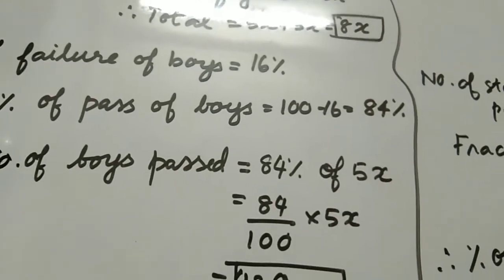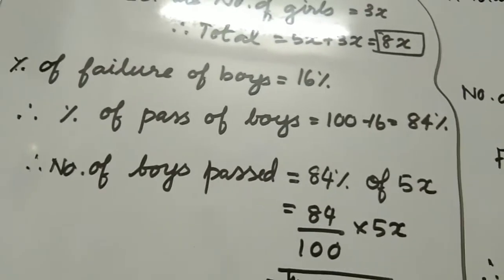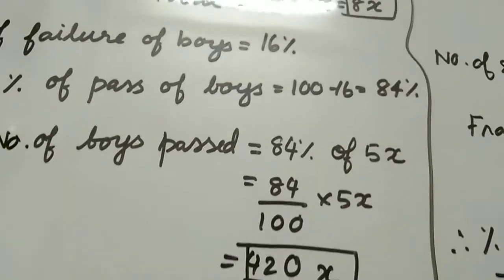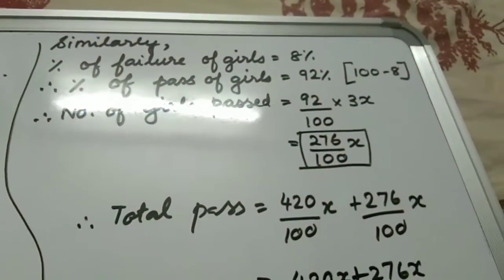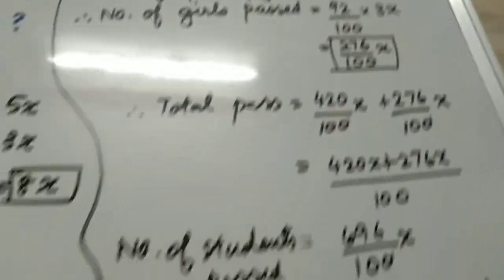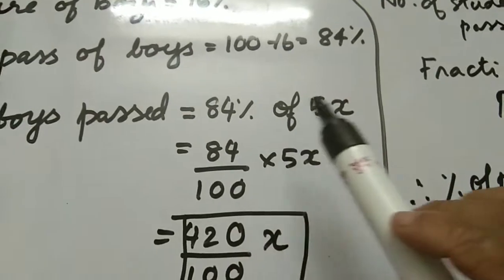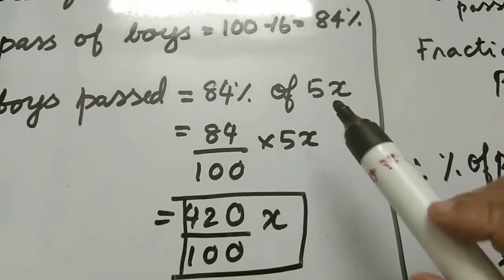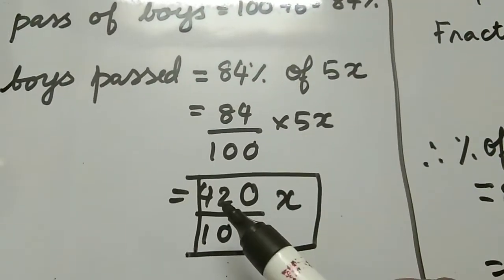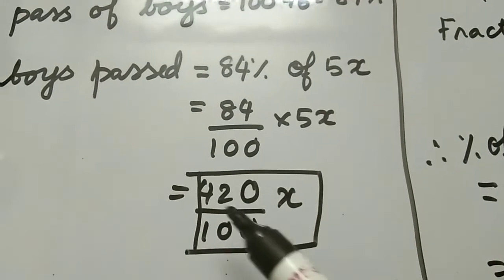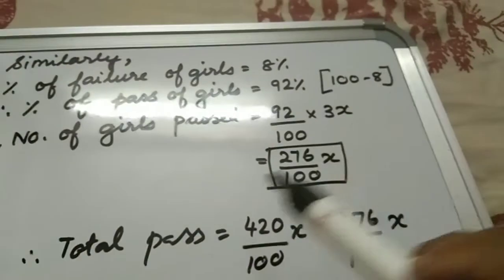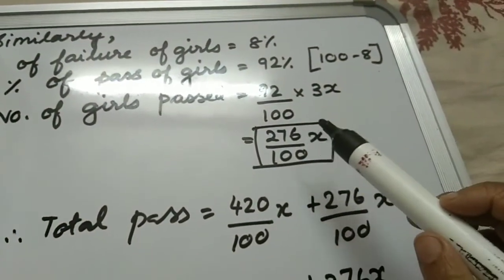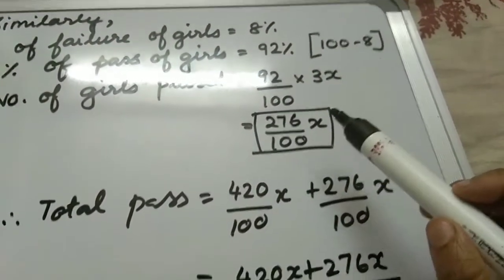Similarly for girls, 8% have failed, therefore 92% have passed. So with this 84% of 5x, that is the total number of boys, we have found out the number of boys who have passed is 420 divided by 100x. Similarly, the number of girls who have passed we have got as 276 divided by 100 into x.